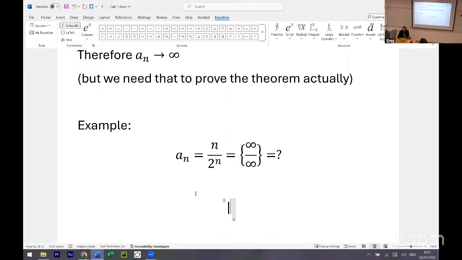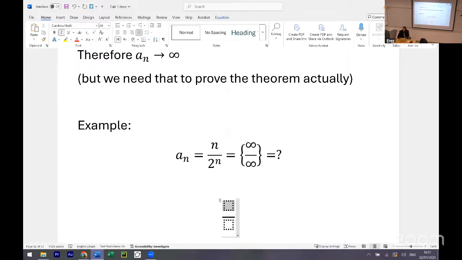You claim that this goes to 0, because the numerator is smaller than the denominator. But here it works. It's not what I'm trying to say, it's not a theorem. You cannot say it because the numerator is smaller.